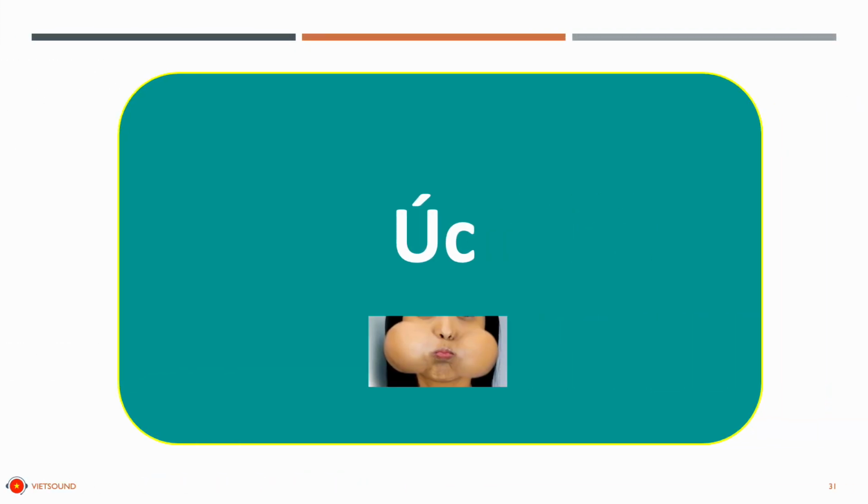Now let's try to say some words with the k sound at the end of word. First, close your mouth at the end of word with a slight puff of air inside your mouth.